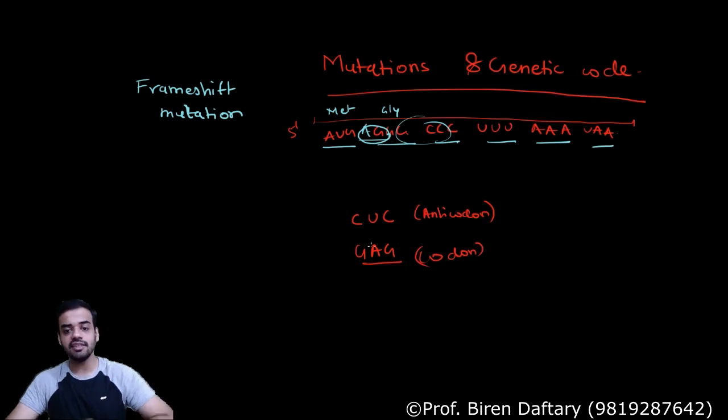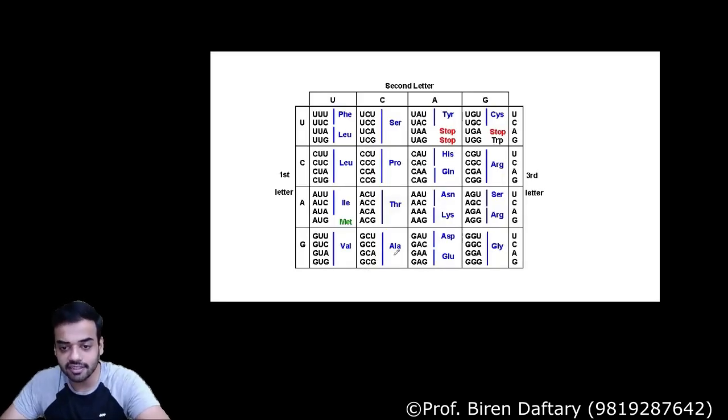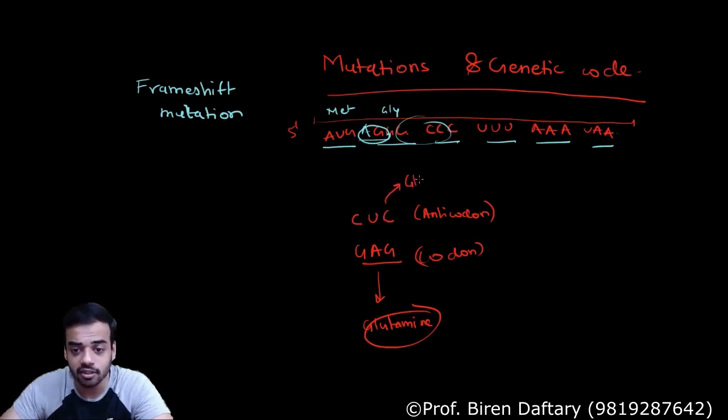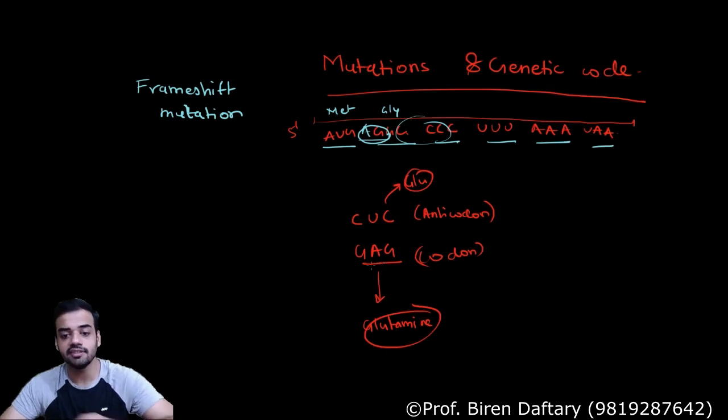Now let us check what GAG is. G over here, A over here, G. So GAG is glutamic acid, or glutamine as I am calling it. So this mRNA causes this tRNA to bring the amino acid glutamine. So glutamine will be attached on top of it. So this codon codes for glutamine.